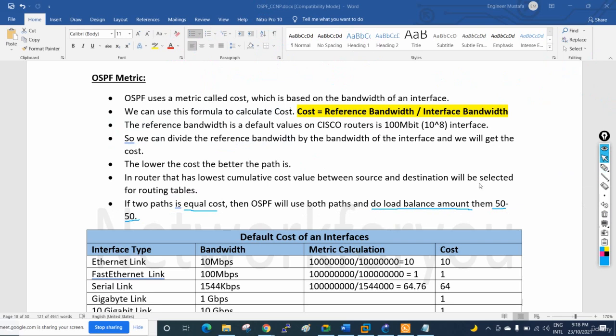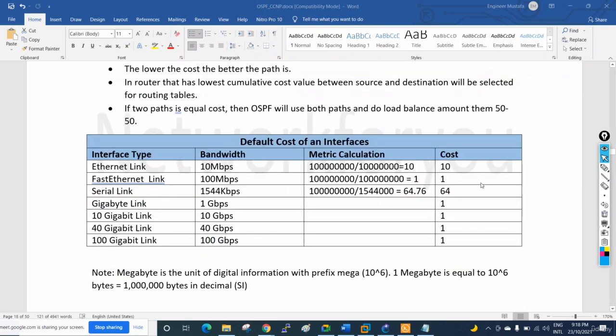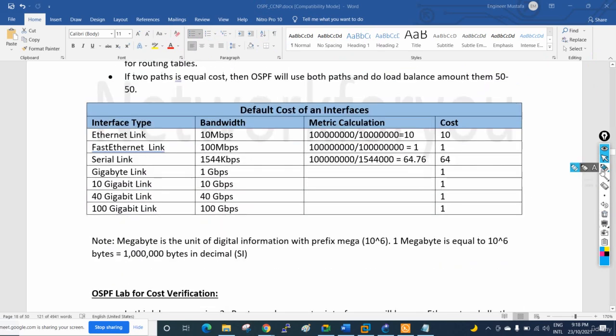So we understand the formula. Now we have the idea, and we need to remember this box. This box is very simple. We have Ethernet link, FastEthernet link, serial link, gigabit link, 10 gigabit, 40 gigabit, 100 gigabit. These are the default values of the interfaces.